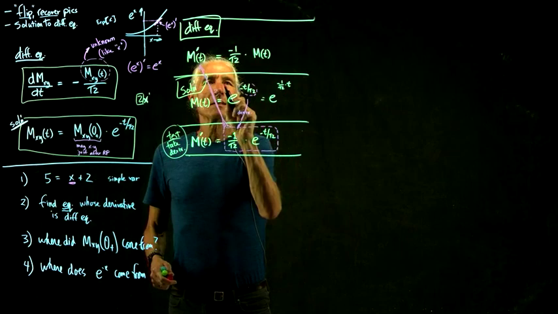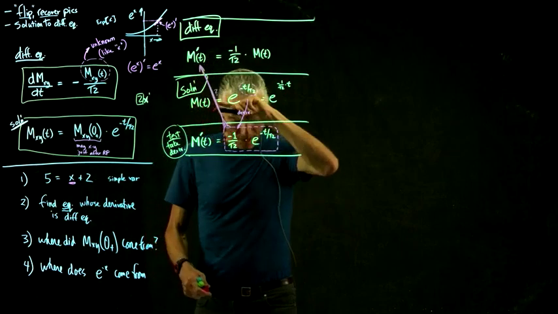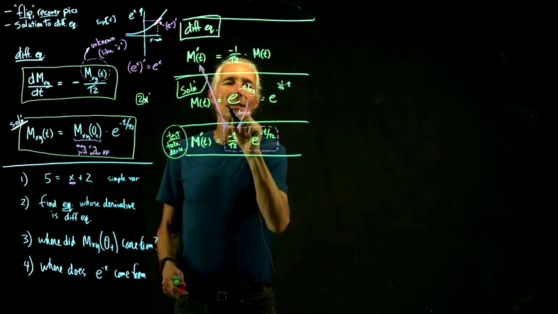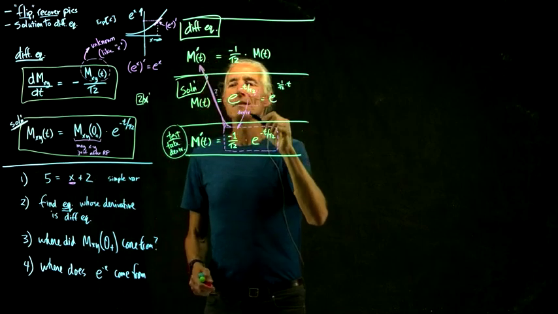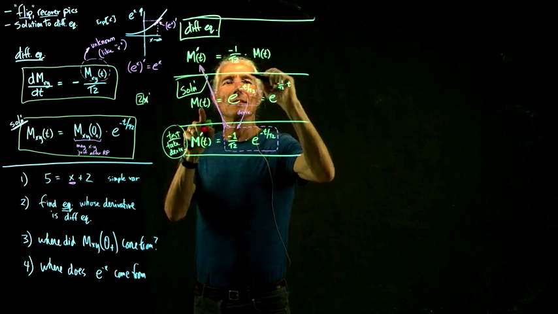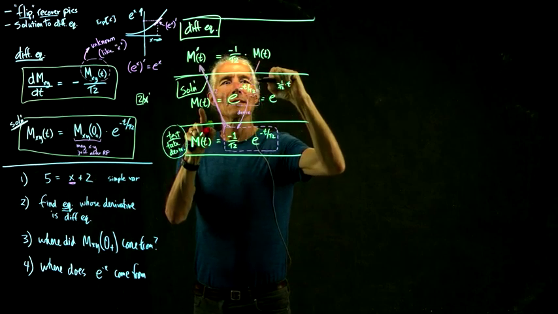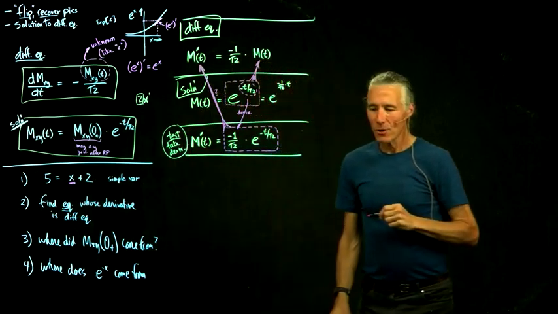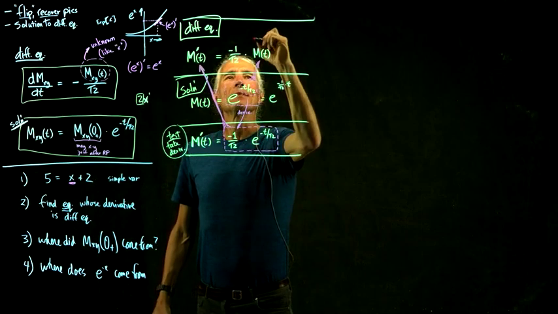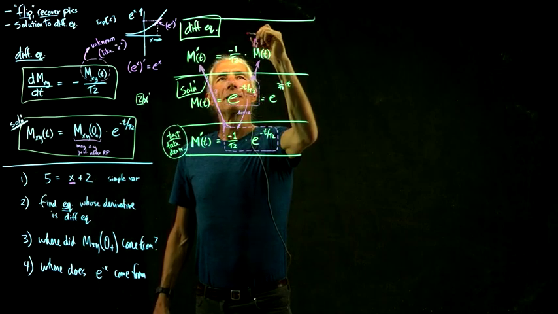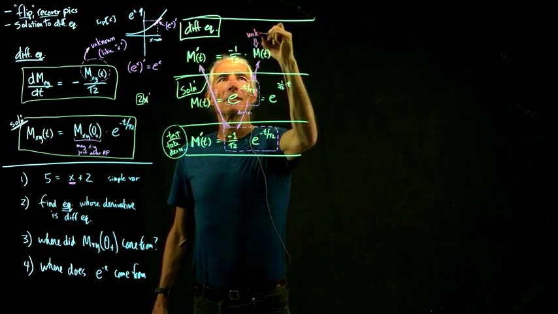Well, this guy right here is equal to that one. And that's our unknown. So this guy is the unknown. That's an important point. It's not defined here.